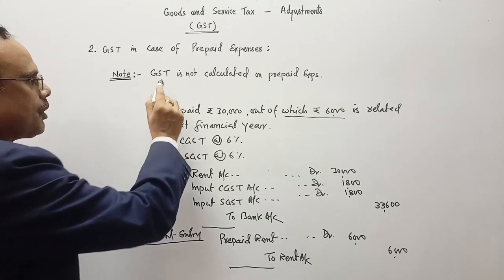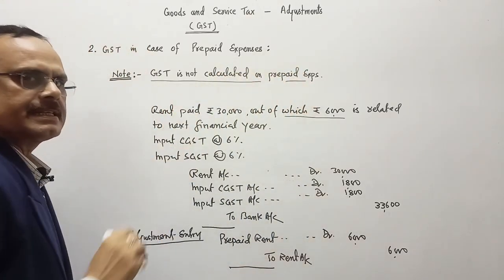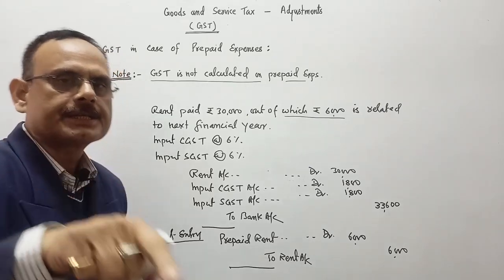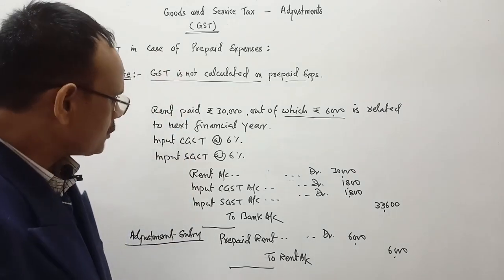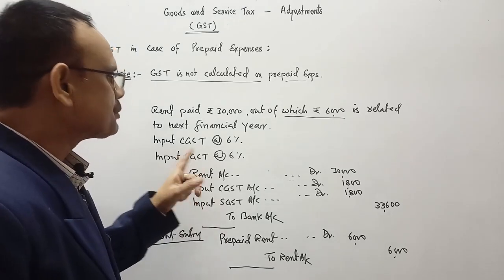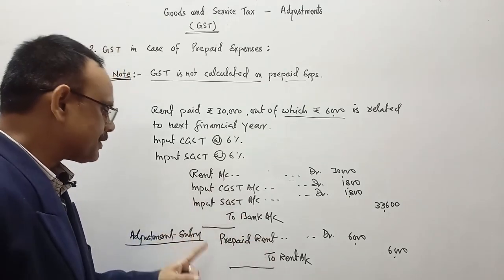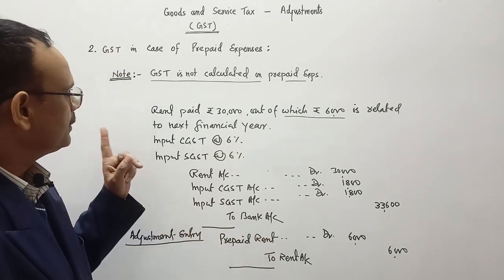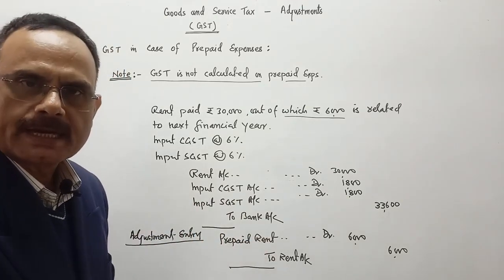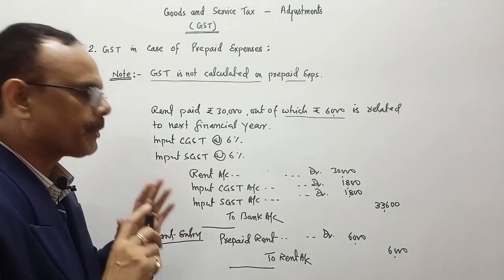So GST is not calculated on prepaid expenses at the time of adjustment, because the entry is already done when the rent or that expense is paid. So at the time of adjustment, input CGST or input SGST is not to be calculated and no entry will be made.